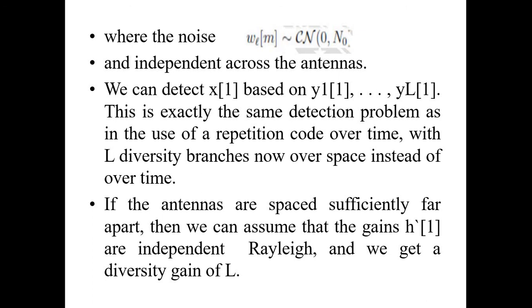Now we can detect x[1] based on y_1[1] up to y_L[1], because we detect one data stream, but it comes from the different antennas. Based on the diversity technique we provide, things will be set in an acceptable pattern.